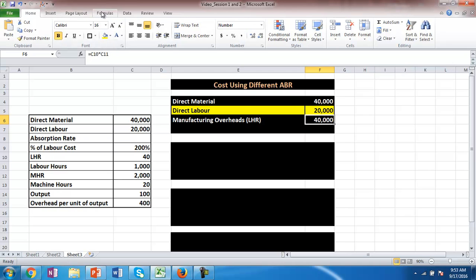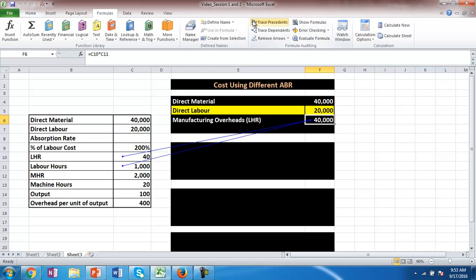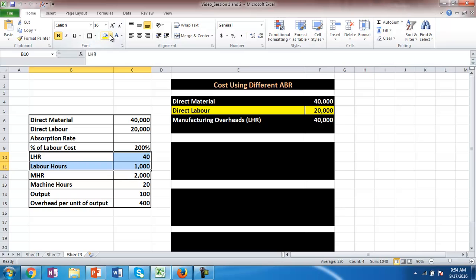In this case, we found the manufacturing overhead by using the labor hour rate. So direct material 40,000, direct labor 20,000, and manufacturing overhead absorbed by using the labor hour rate and the labor hours. How did we calculate this? Where did this rate come from? This was budgeted. And so the total manufacturing cost or product cost will be 100,000.